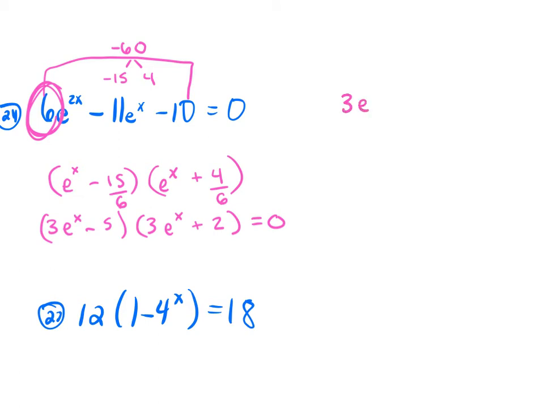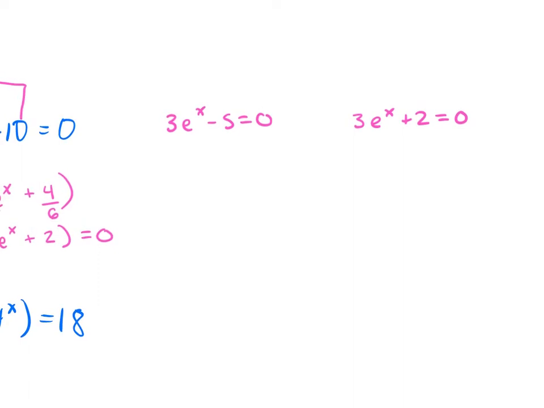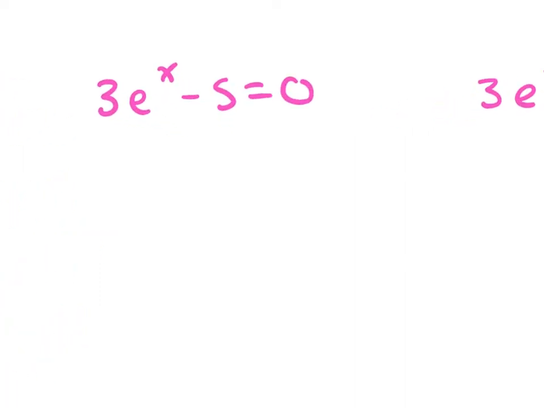We have to break them up into two separate equations. So we have 3 e to the x minus 5 is equal to 0, and 3 e to the x plus 2 is equal to 0. How would we solve the first equation? What should we do first? Plus 5. 3 e to the power of x is equal to 5. What's next?